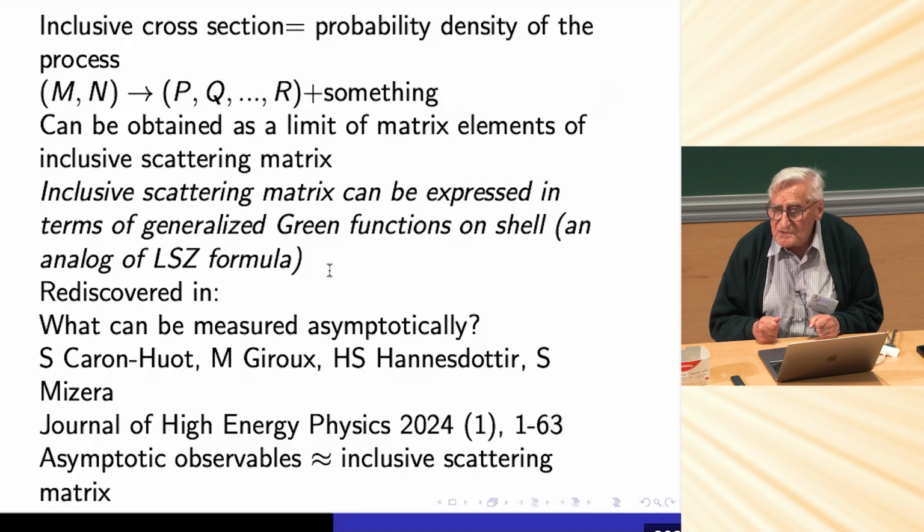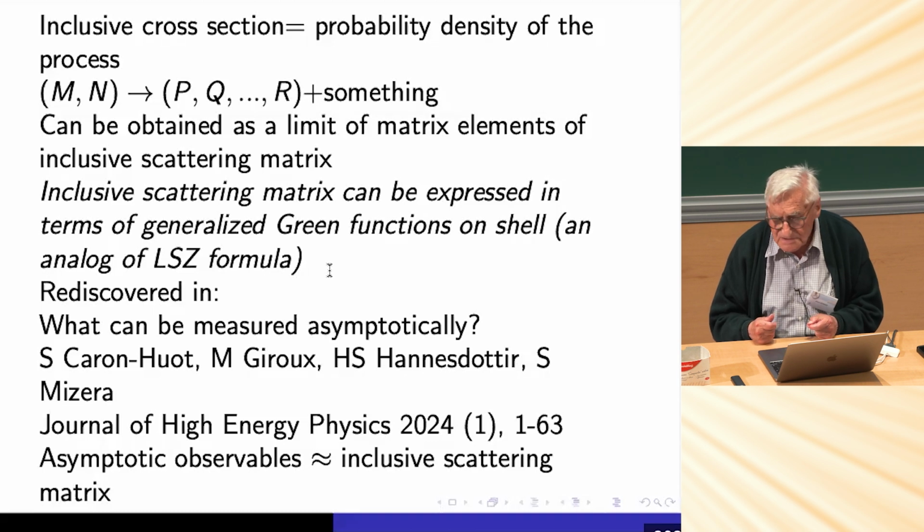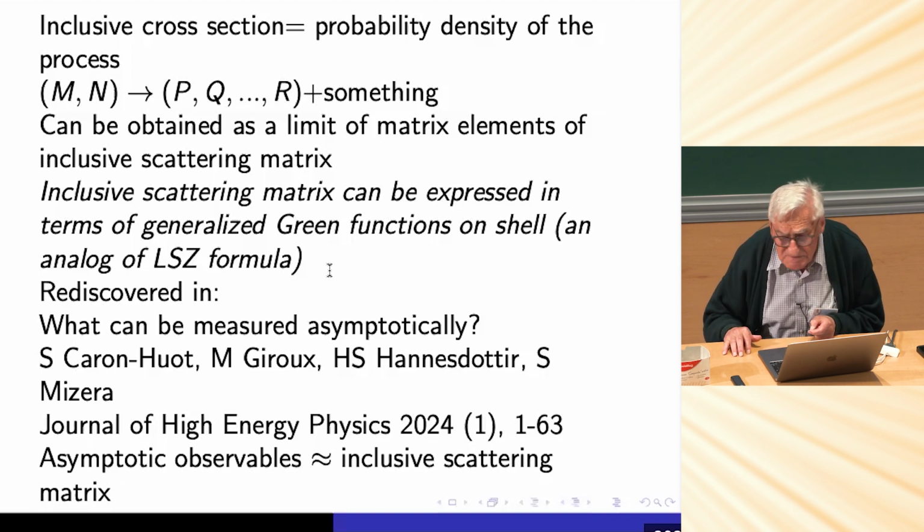Usually, in an experiment, you collide two particles. You can collide three particles, but usually you collide two. And then you look at the probabilities that some other particles appear with some momenta, and you consider the corresponding probability density.